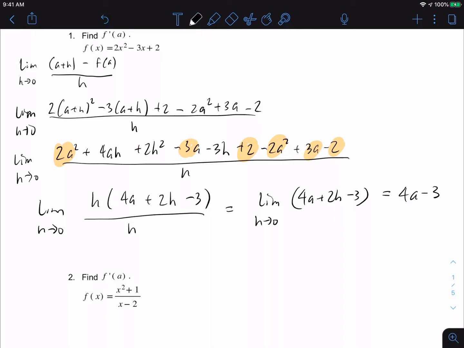I would have gone the limit as h goes to 0 of 2(a plus h) squared minus 3(a plus h) plus 2 minus, and then I'm going to do the function notation, right? And then the next step would be to distribute. Okay. I see it. Thank you. No problem.